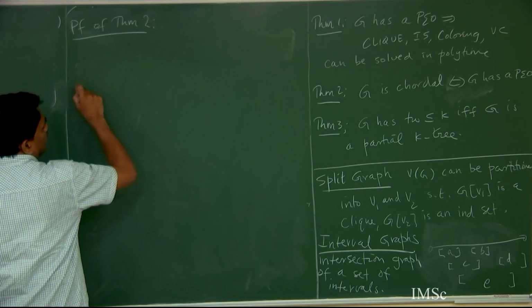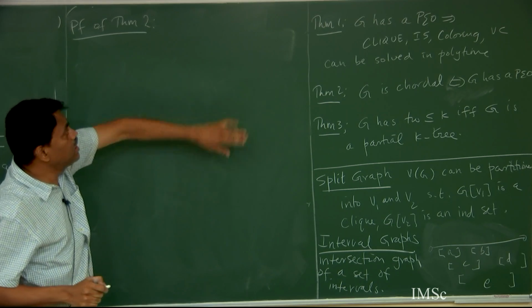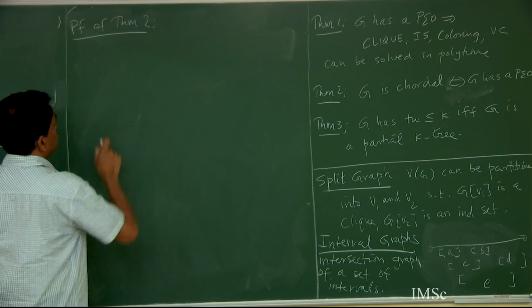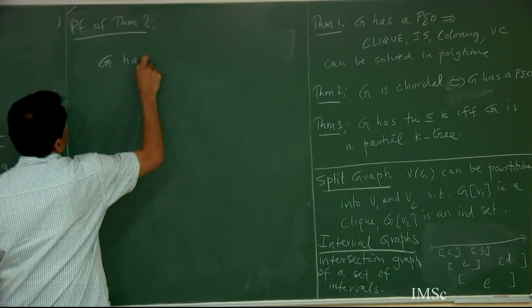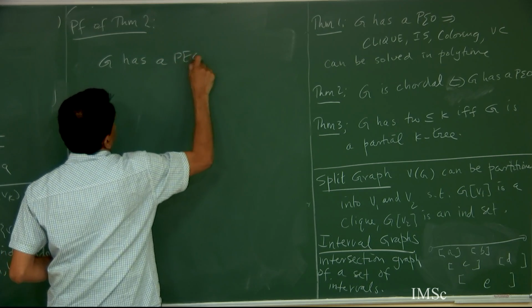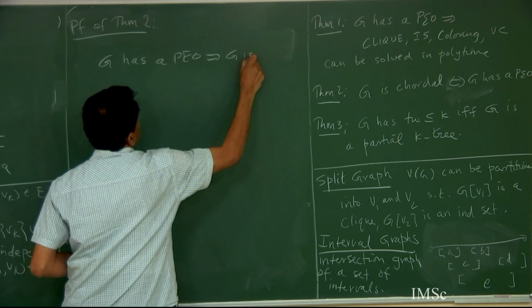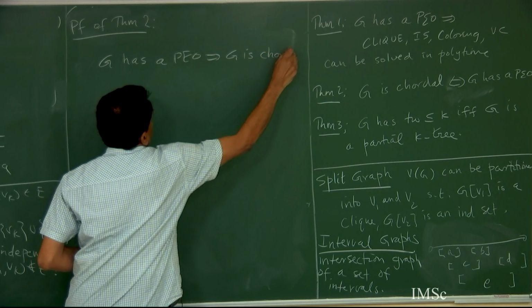So one direction we have already seen, right? If you have a perfect elimination ordering, then G is chordal. Why?